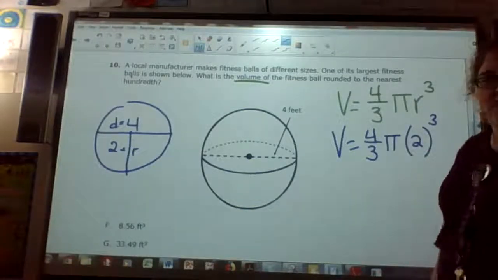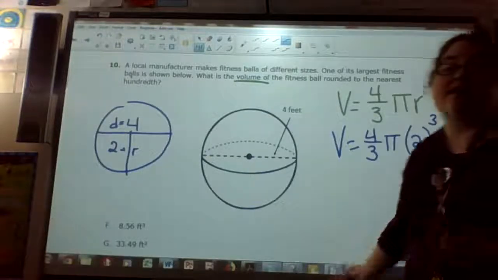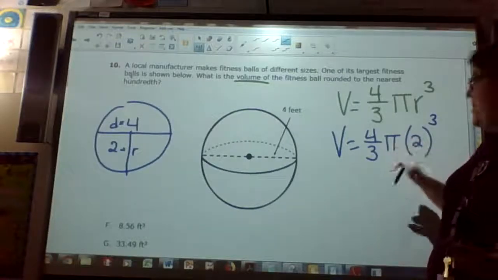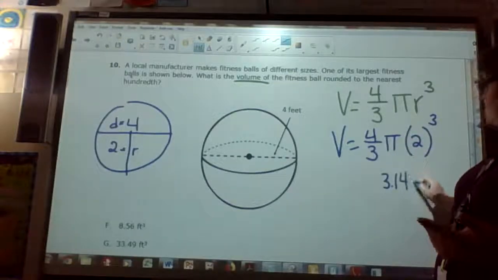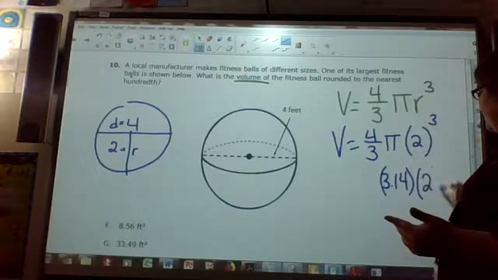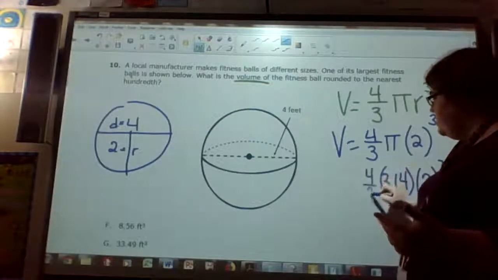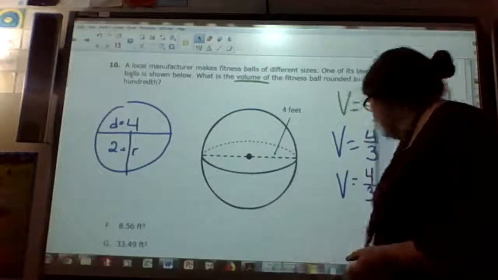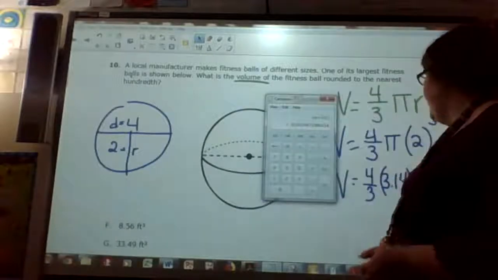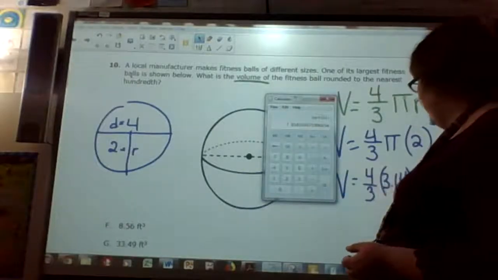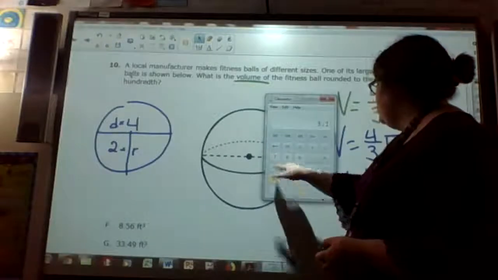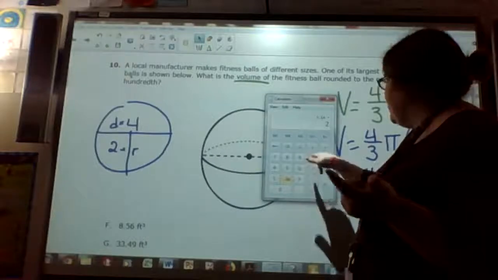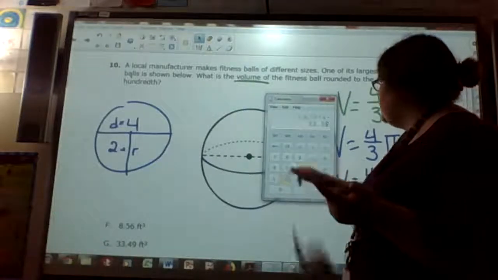Now, if you don't have a calculator at home, the TI Inspire, you can, or a graphing calculator, you can use pi as 3.14. And for those at home, I'm going to go ahead and do that as well so you can see what it would be. I have 3.14 times 2 times 2 times 2.